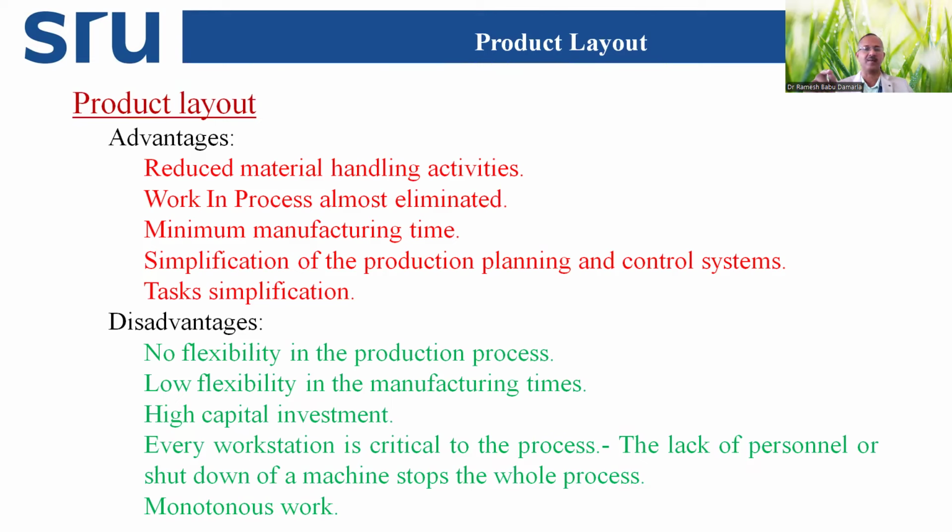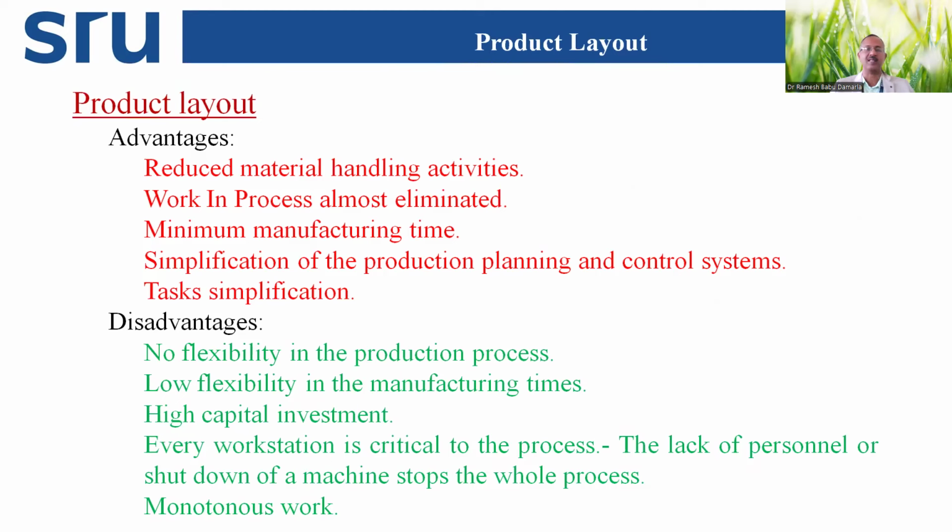So we cannot immediately change to another product. We cannot change the high capacity machines because the investment is very, very high. You cannot replace the machine just like that. And they are exclusively meant for that particular activity.